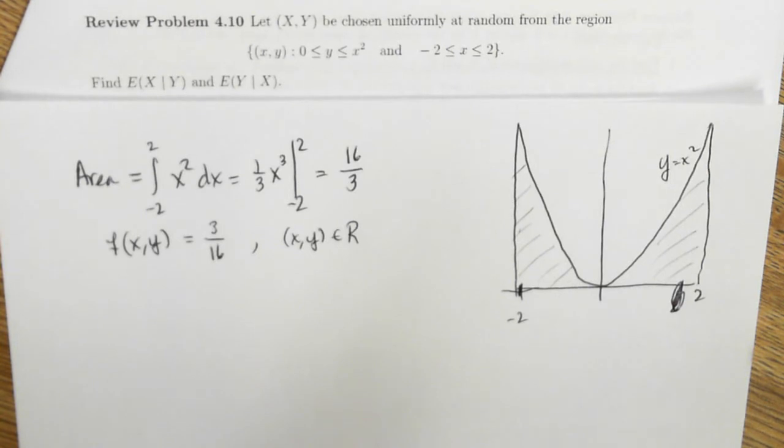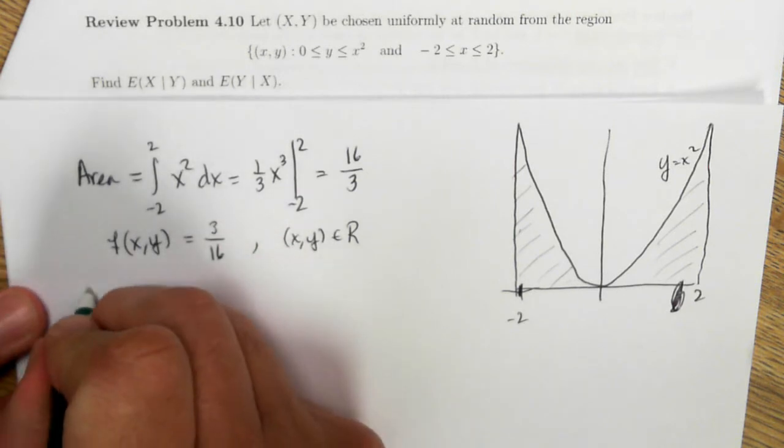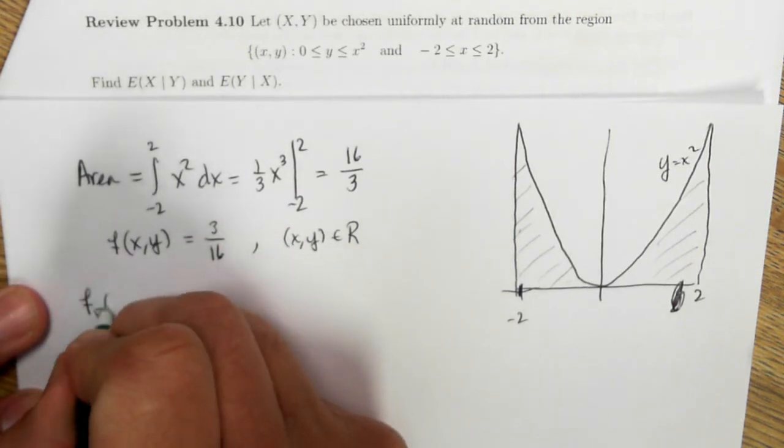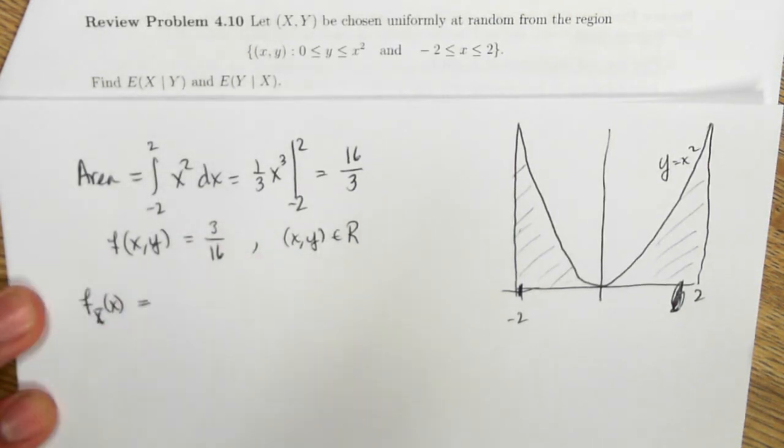Now to figure out the conditional expectation, I need the conditional distribution. To get the conditional distribution, I need to first get the marginal densities. What is the marginal density of x?